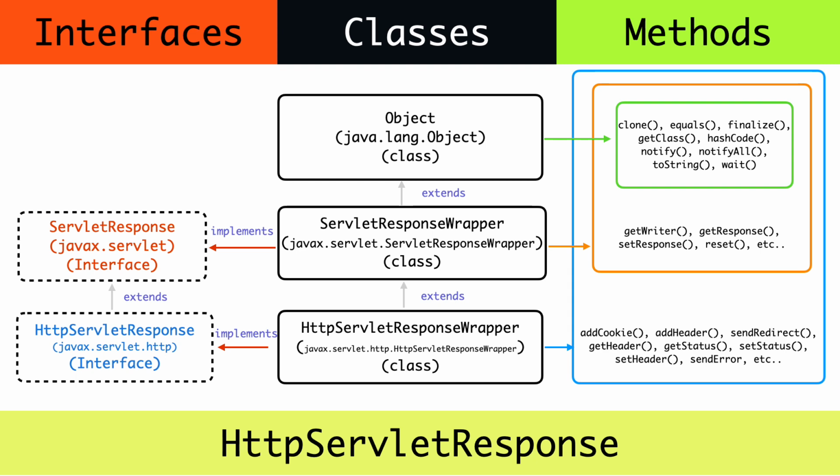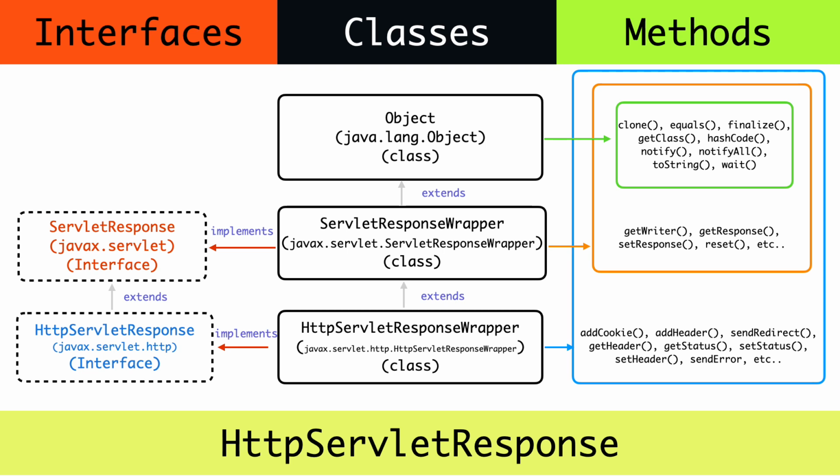The methods which are part of HttpServletResponseWrapper are addCookie, addHeader, sendRedirect, getHeader, getStatus, setStatus, etc. So this is the hierarchy of interfaces and classes and the methods associated at each level. And when we implement, we utilize the objects of HttpServletResponse and create our own servlets. So that is the hierarchy of HttpServletResponse.